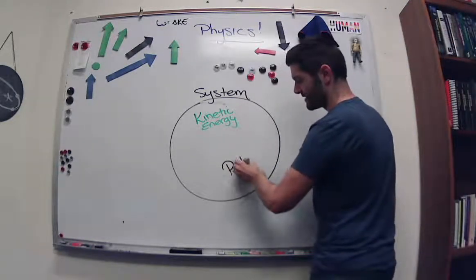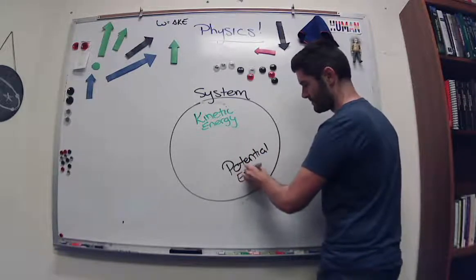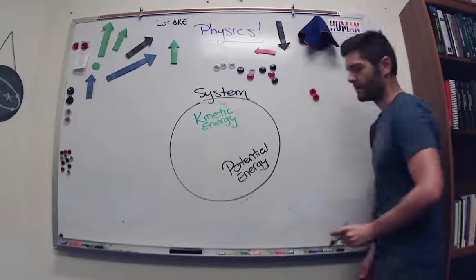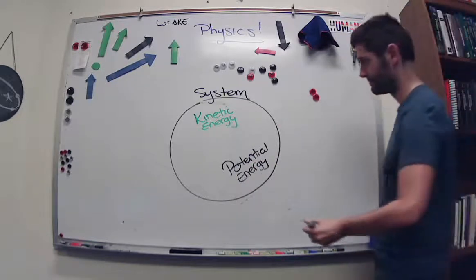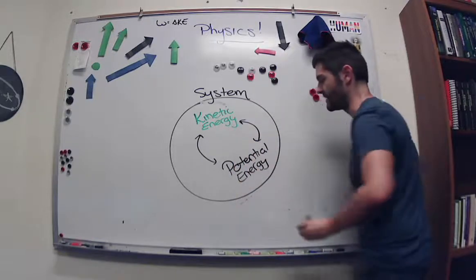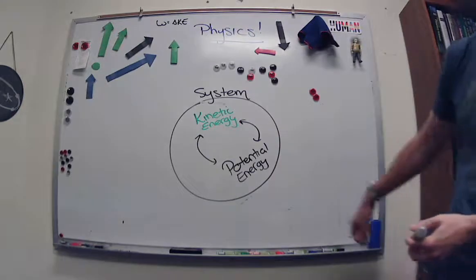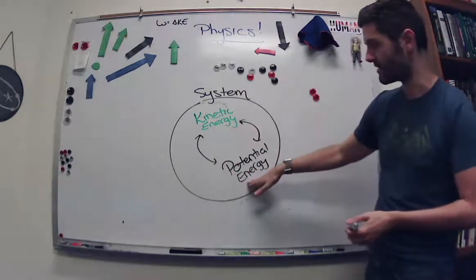But your system can also have savings accounts, and that is called potential energy. These are savings accounts where kinetic energy and potential energy can be exchanged with one another. I can turn motion into savings.